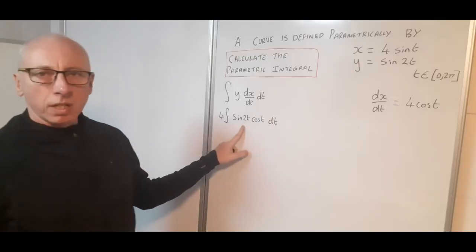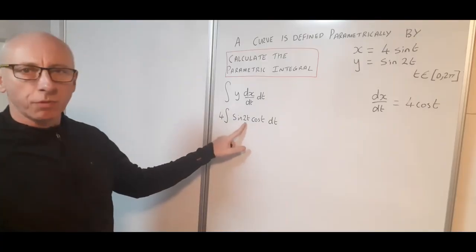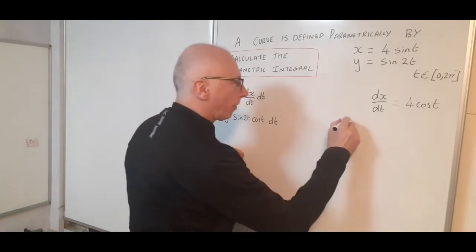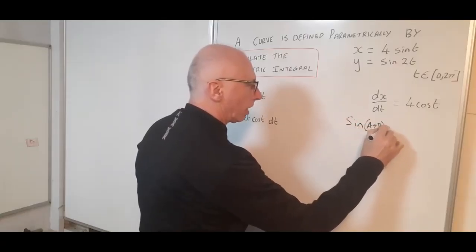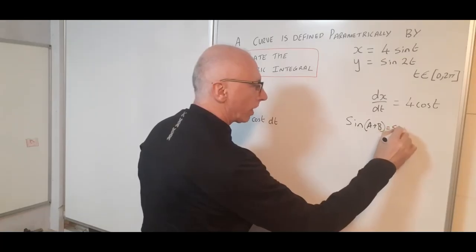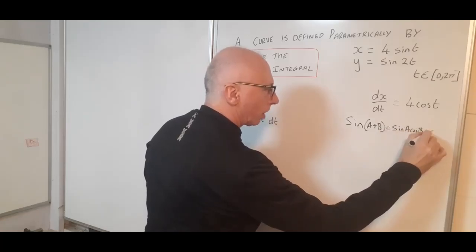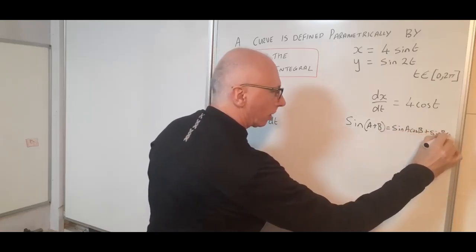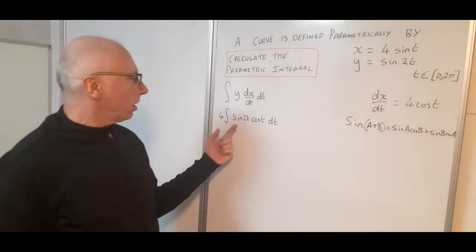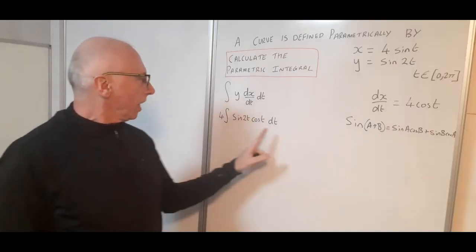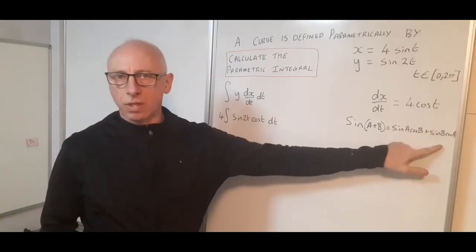But what I do see is the sine 2t, I've got what's called the sum formula. So sine of a plus b equals sine a cosine b plus sine b cosine a. So what I can do is turn this into something with this.